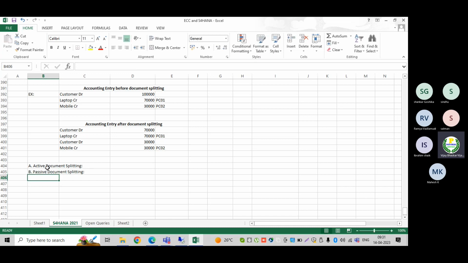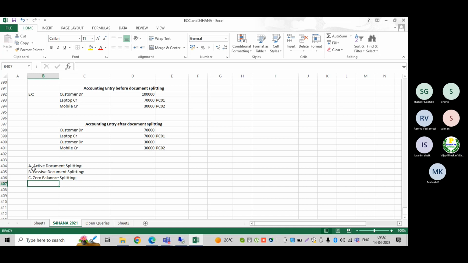The next one is zero balance splitting. So these are the three concepts which I'm going to explain in tomorrow's session.